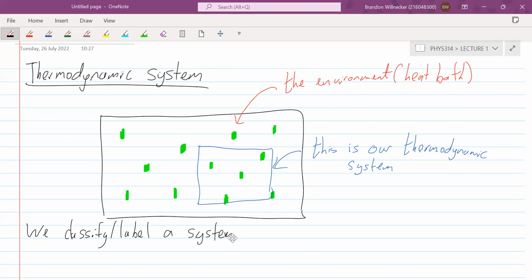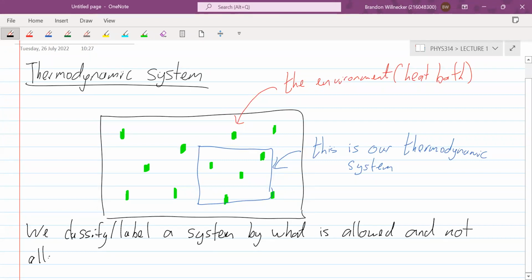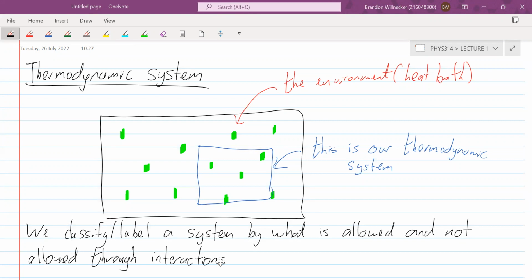We classify a system by what is allowed and not allowed through interactions. What do I mean by interactions? I mean the interactions between the subsystem that we're calling our thermodynamic system and the environment. There are two ways for these two systems to interact with each other.